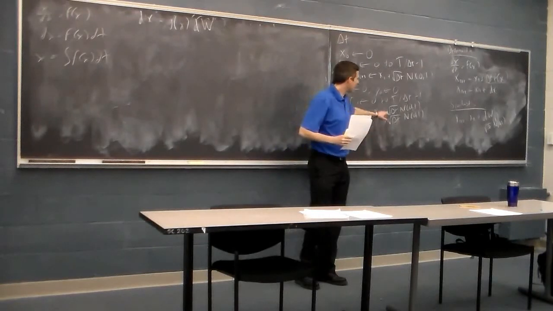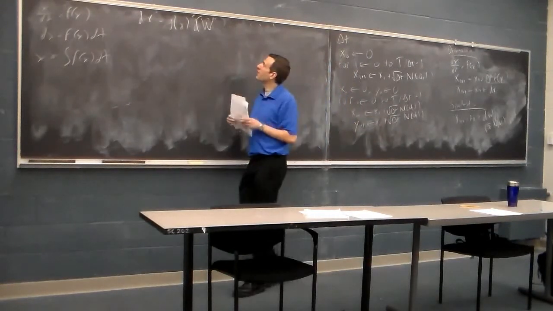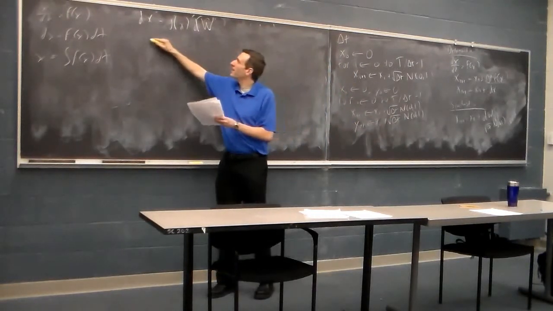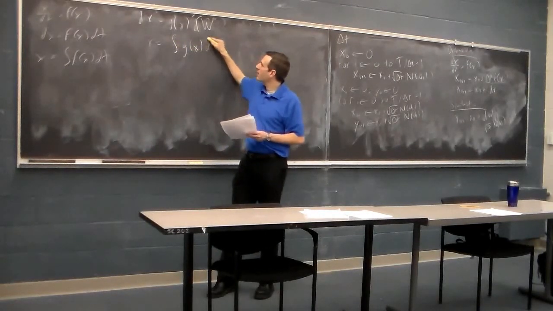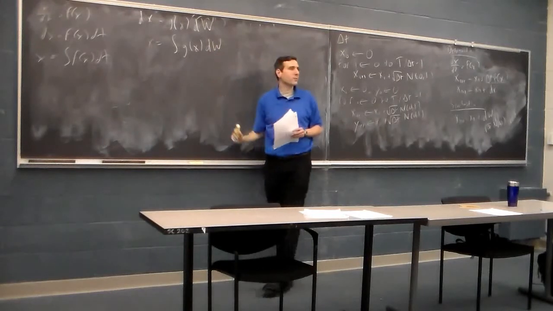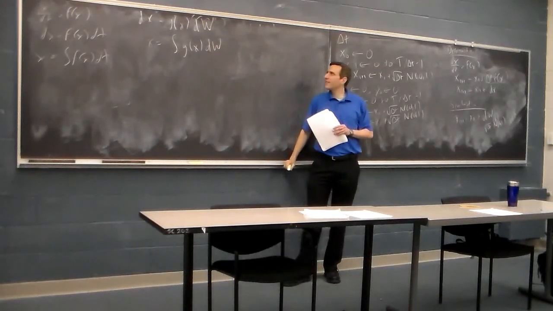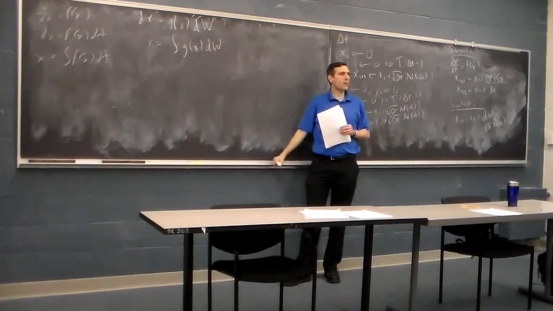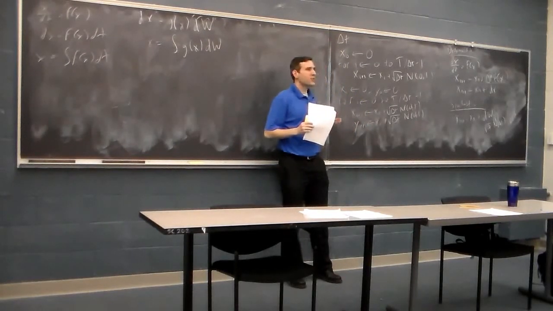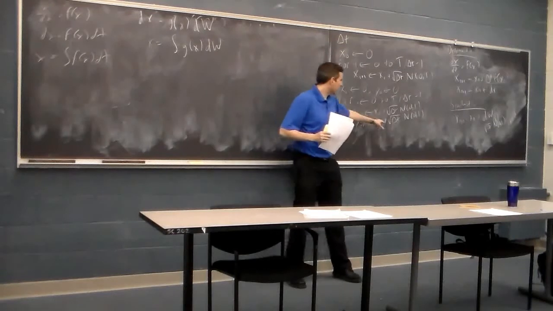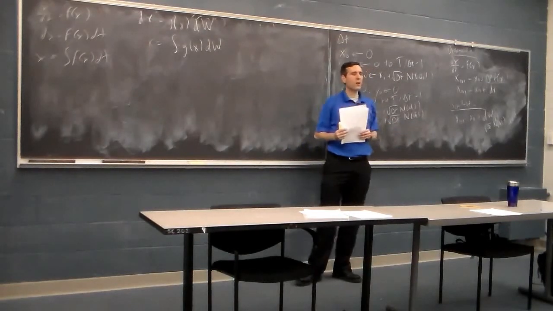What we're really trying to do here is integrate with respect to that dw. So basically we're saying x is the integral of g of x with respect to a noise term w. That's kind of an odd concept, integrating over noise, but in terms of what we do computationally, that's exactly what we're doing. We're integrating over this Brownian noise process.